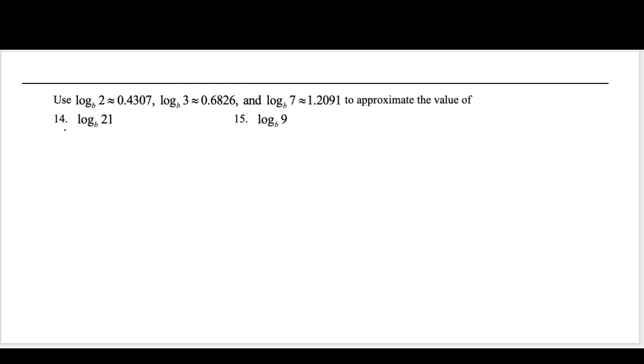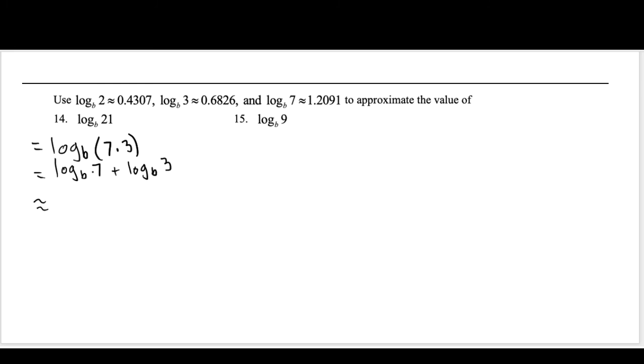Okay? So what I can do is because 21 is equal to 7 times 3, I can rewrite this as log base b of the product of 7 and 3, right? And then I can use the product rule and write this as log base b of 7 plus log base b of 3.